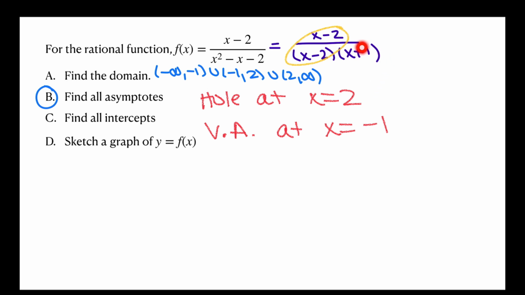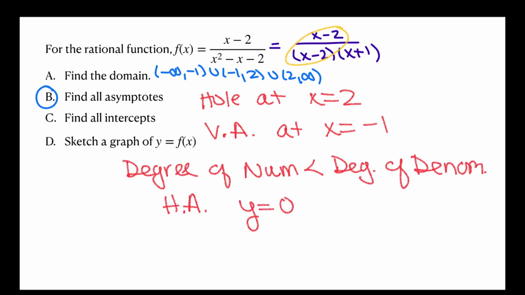So the only zero of the denominator that doesn't correspond to a common factor is x equals negative 1. So I have a vertical asymptote at x equals negative 1, and I do have a hole at x equals 2.